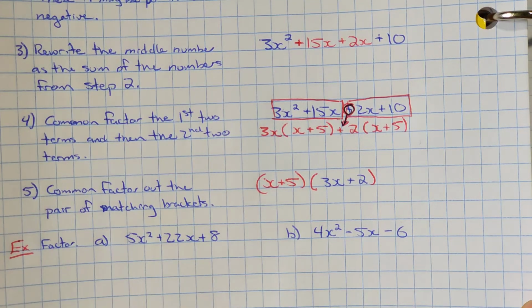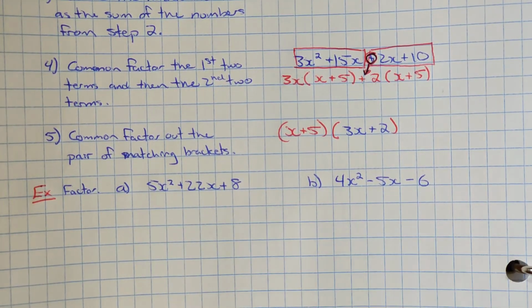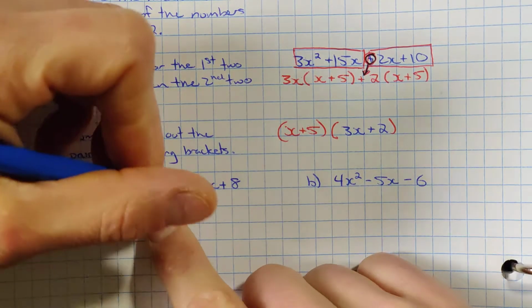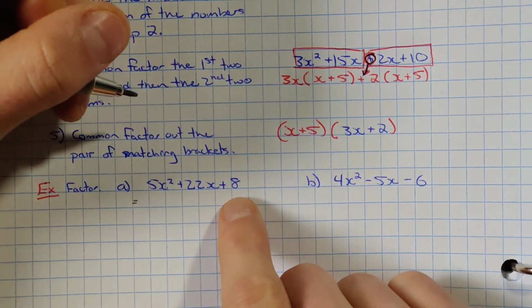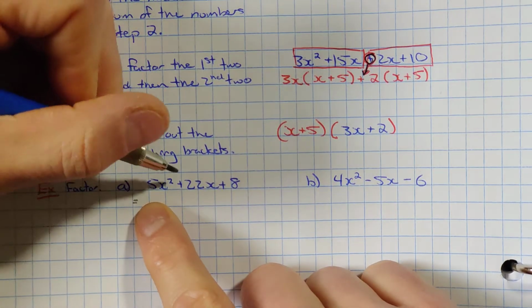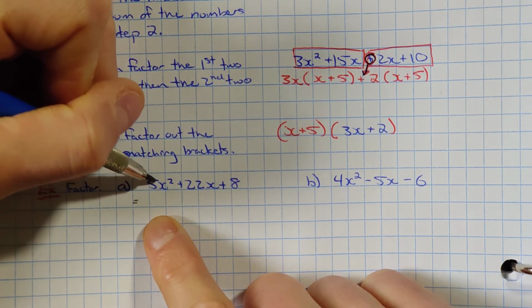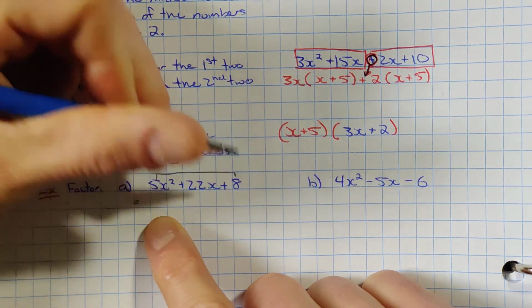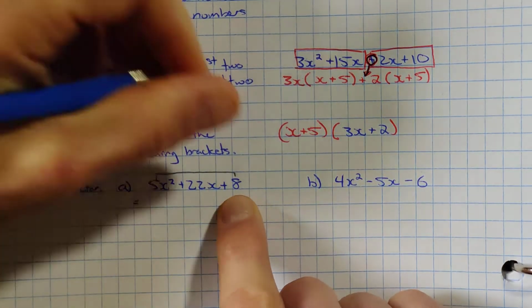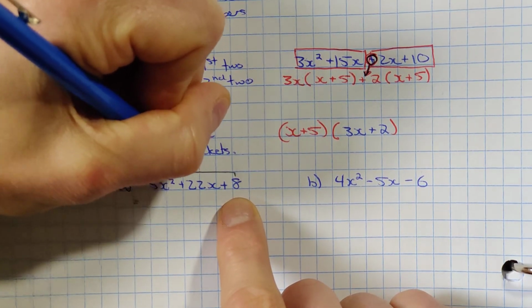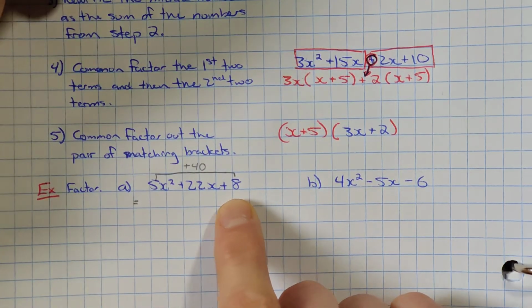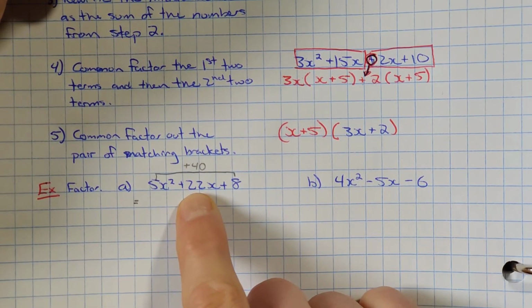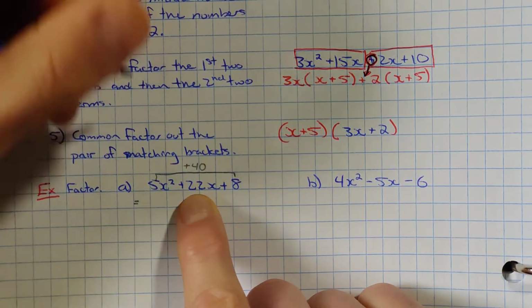So we'll use those same steps here on these next two examples. So I have 5x squared equals 22x plus 8. And so I'm going to multiply 5 times 8. And that's going to give me positive 40. So I need two numbers that multiply to 40 and add to 22.